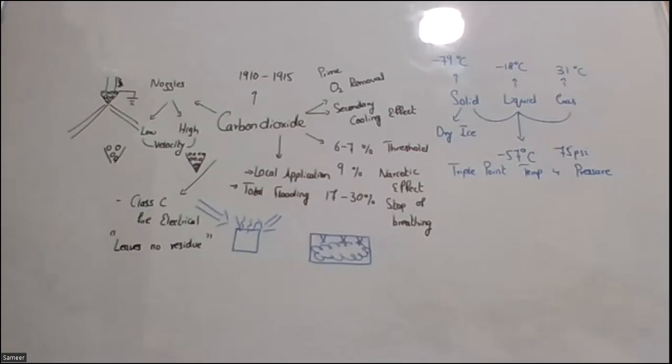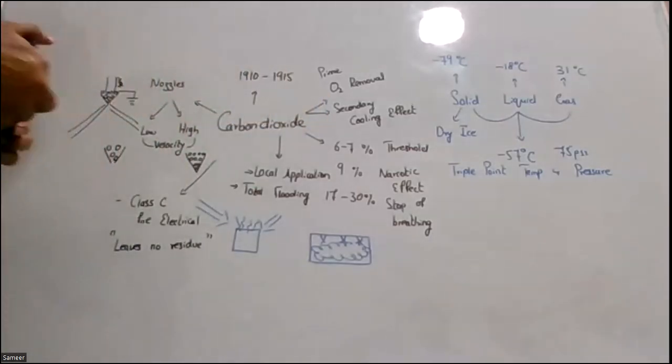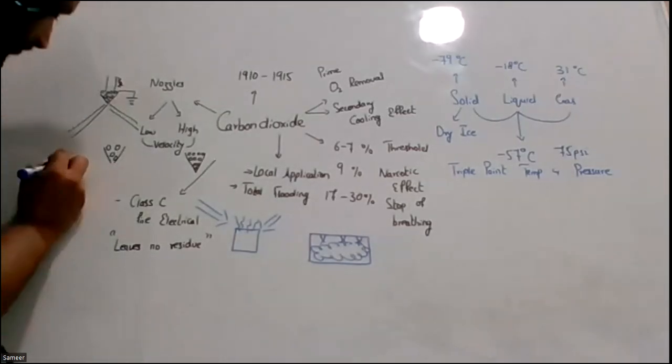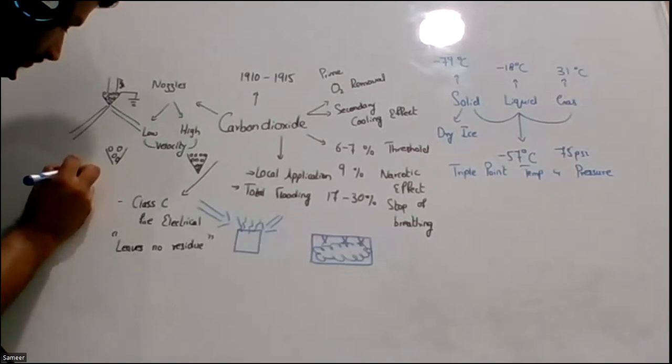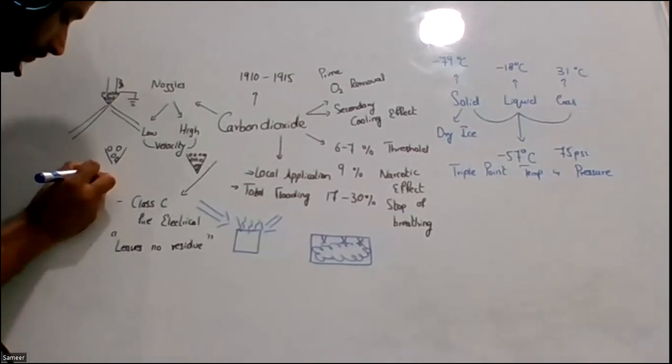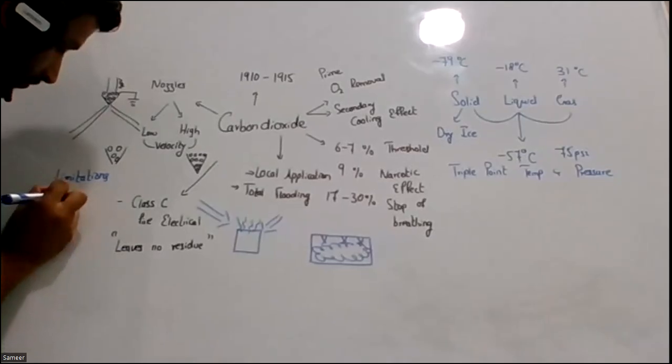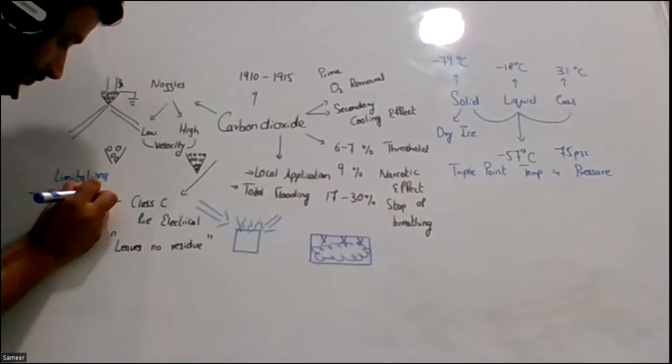Carbon dioxide is ineffective on any chemical that has its own oxygen. So, let's talk about the limitations. Any chemicals with own oxygen supply.